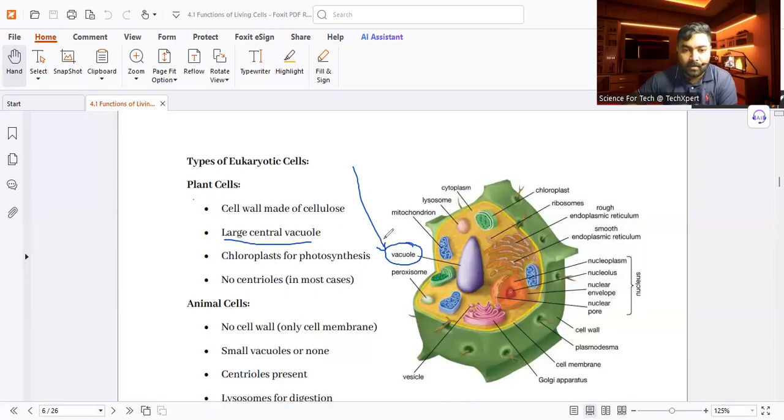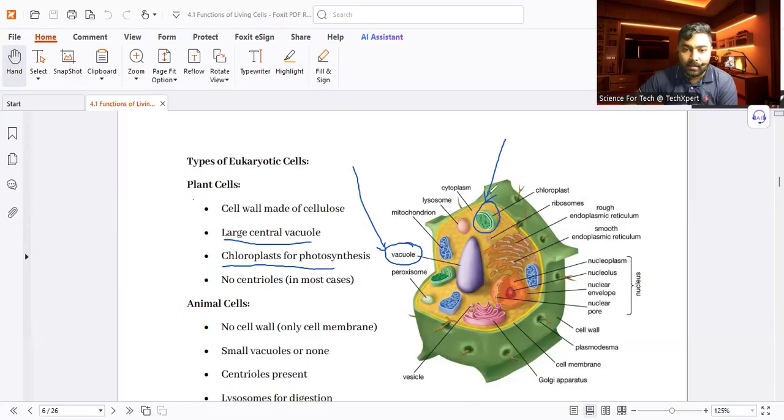Okay. Then next one is chloroplast for photosynthesis. This is the chloroplast. The process of photosynthesis happens within this chloroplast.